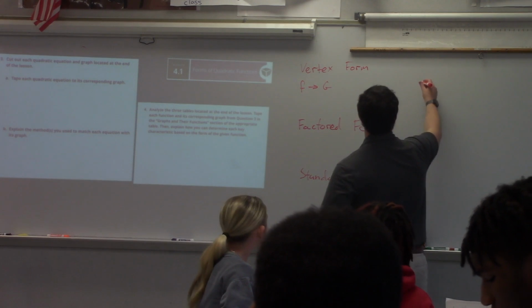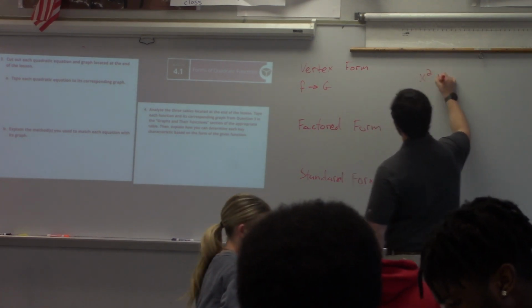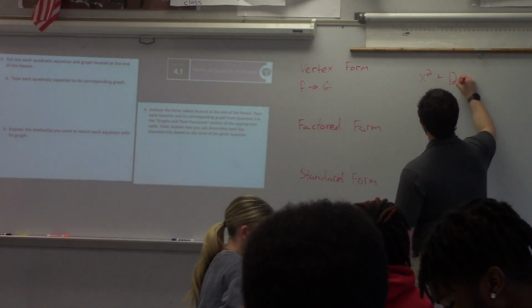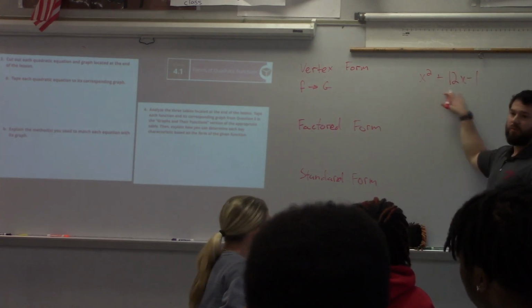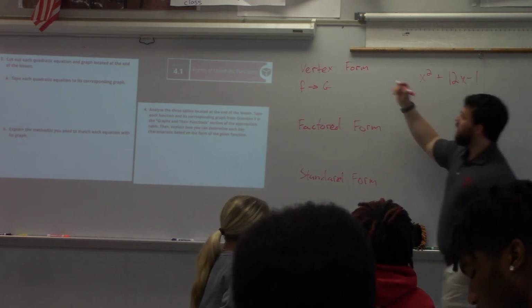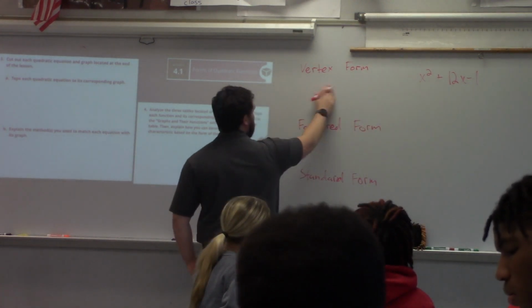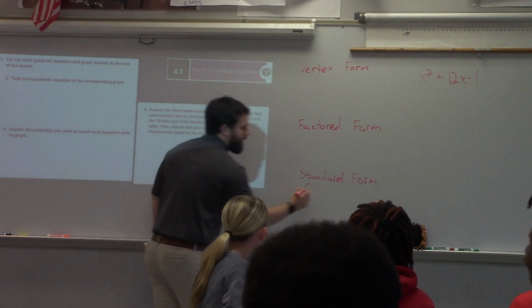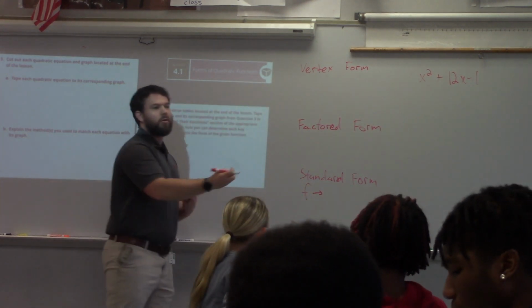It's x squared plus 12x plus minus 1? Does that follow the standard form format of ax squared plus bx plus c? Yes. So I wouldn't put equation F under vertex form. I would put equation F under standard form, and then draw an arrow to what graph it goes with.